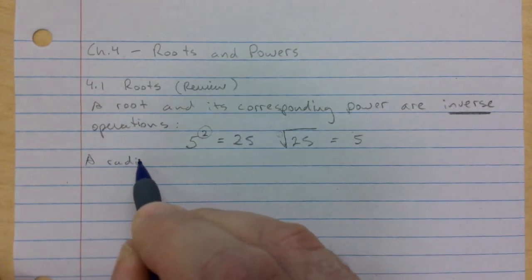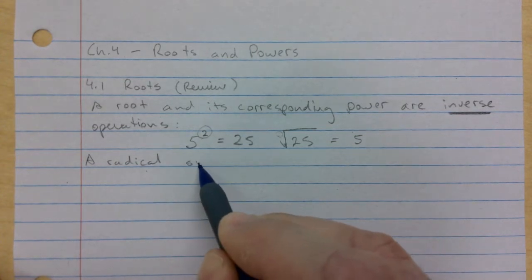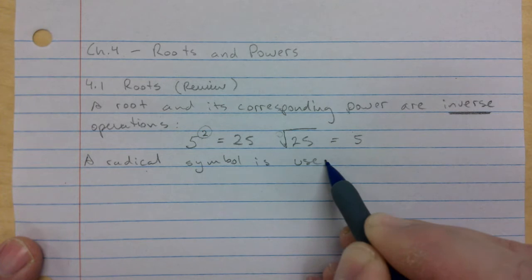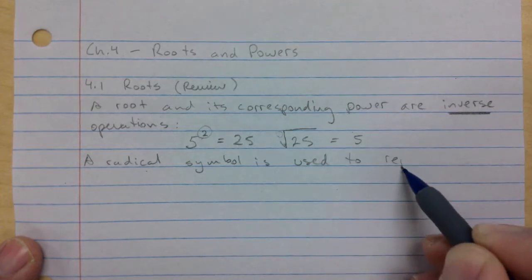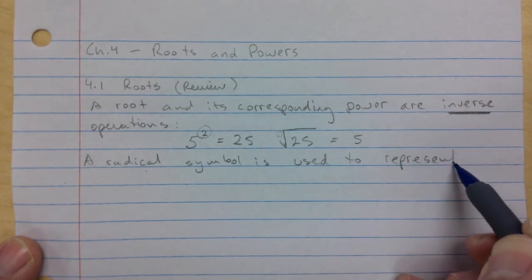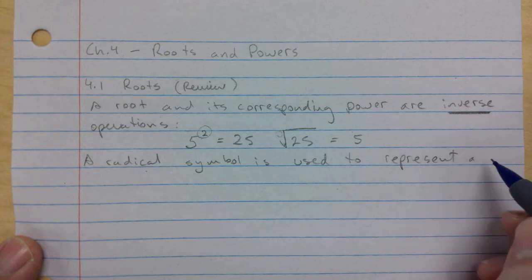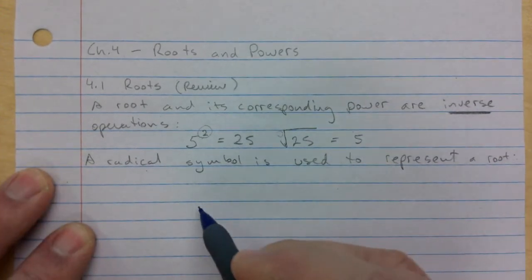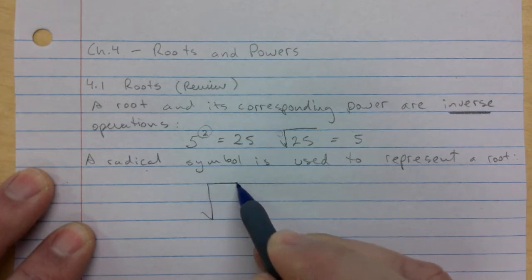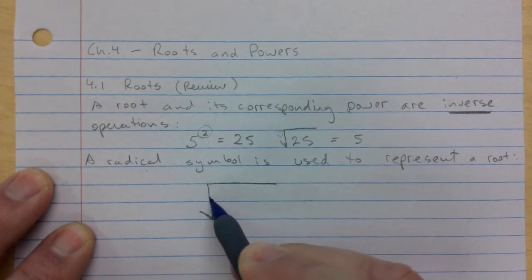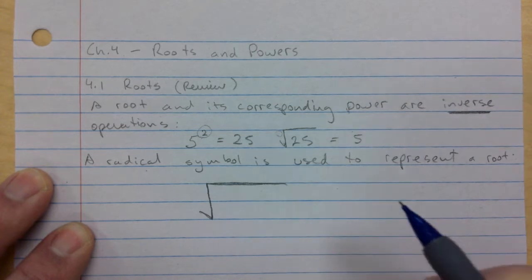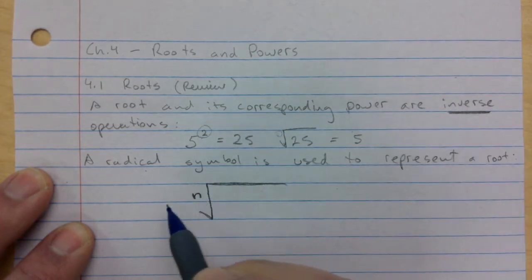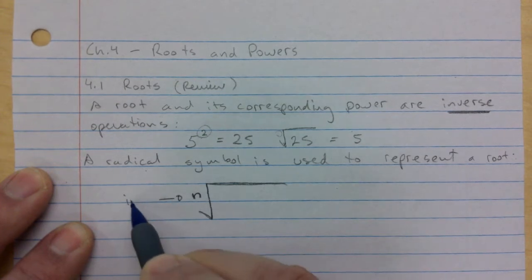A radical symbol is used to represent, and some of this is review, right? A root. And I will just label the components here, right? So you have the root here, and there's a number here. This is called the index.